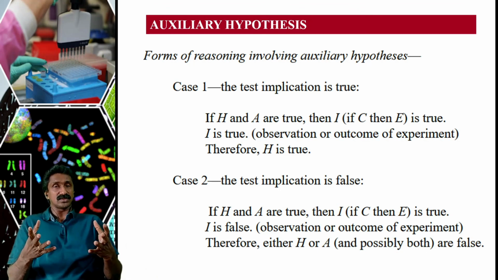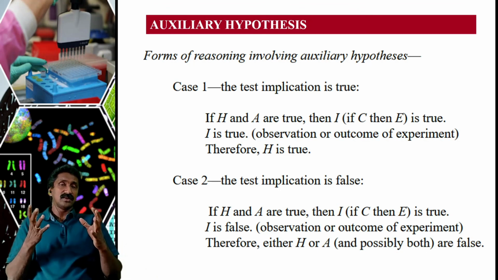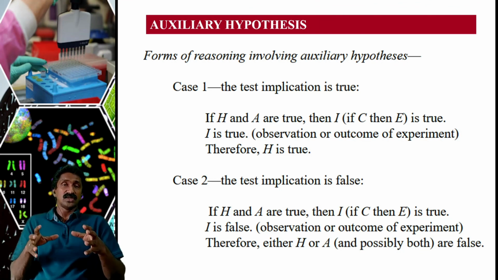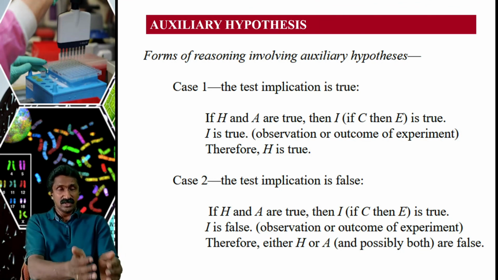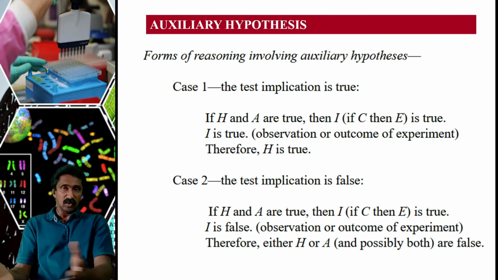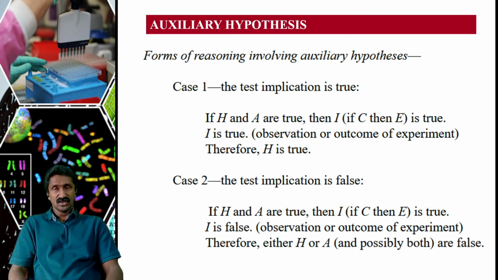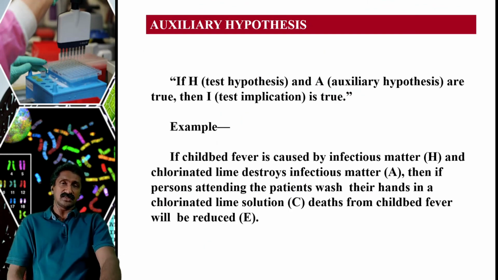Both may be the result. So if the hypothesis is false, our error may be at any stage. For example, the original hypothesis may be false, or the auxiliary hypothesis may be false, or both can be false. So this is how the auxiliary hypothesis actually protects the original hypothesis, and this is the best example.